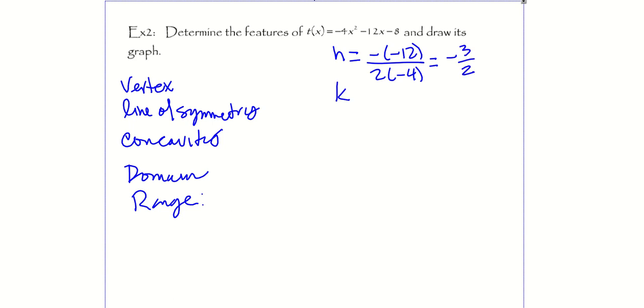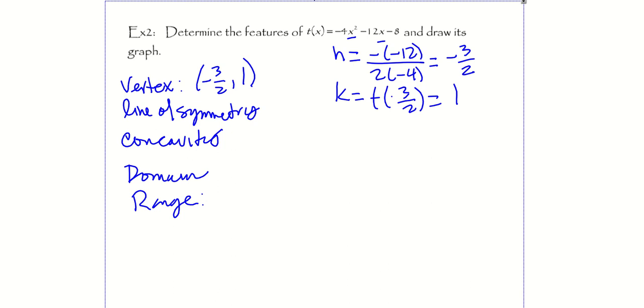I know that k, I'll find by plugging -3/2 into my function, which is called t. So I find t of -3/2, right? And if I put that in where x is and I work that out, I get 1. So that tells me that my vertex is at -3/2, 1.